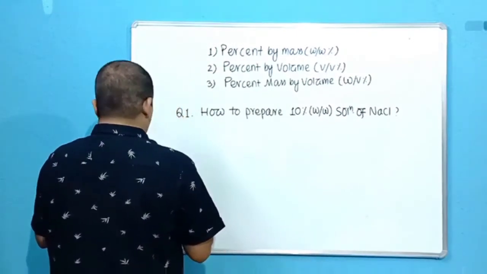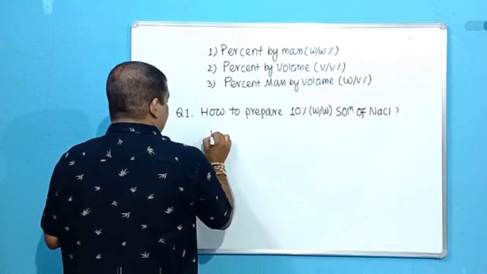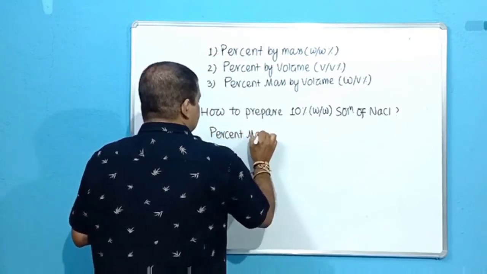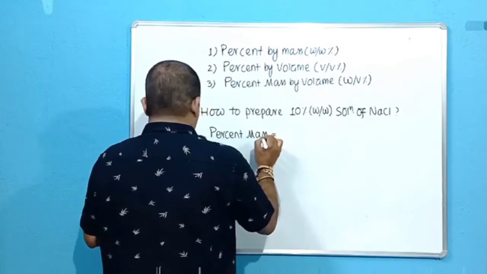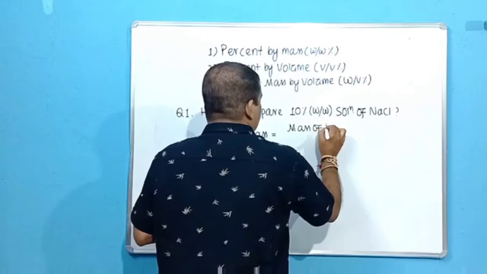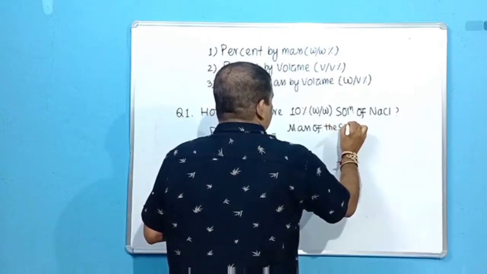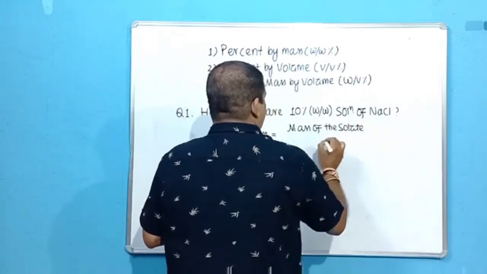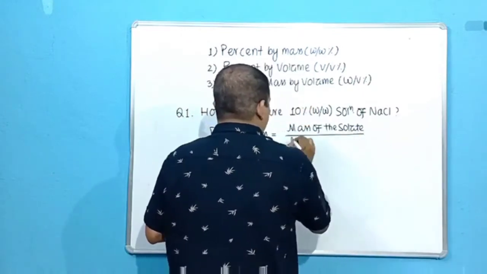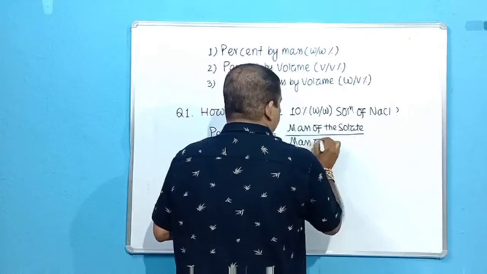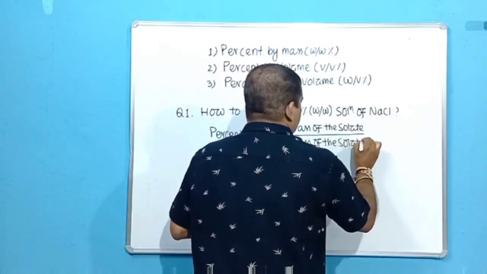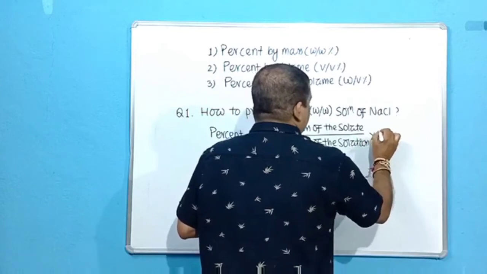So to solve this, what is the formula? Now percent mass is equal to mass of the solute divided by mass of the solution, into 100.